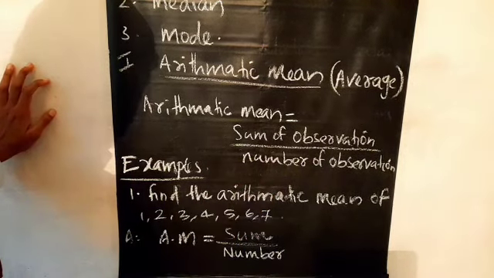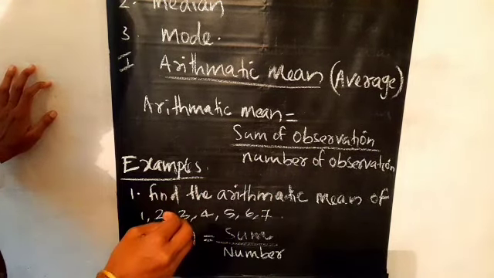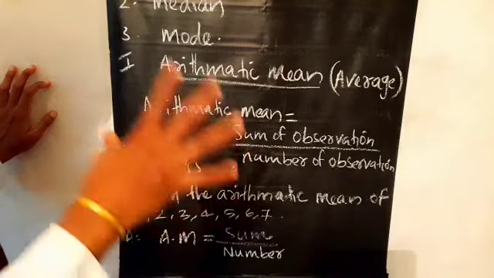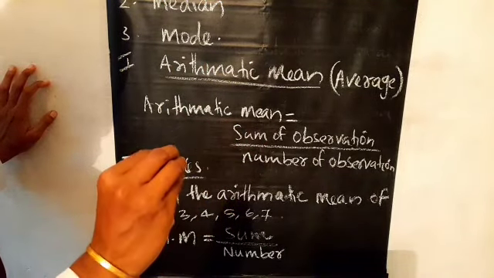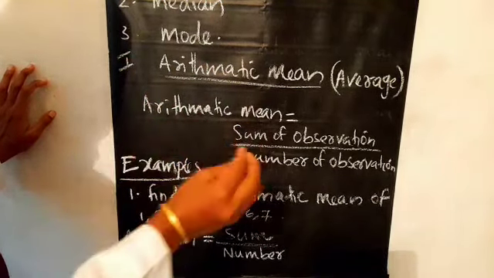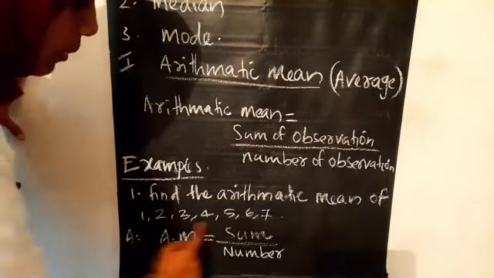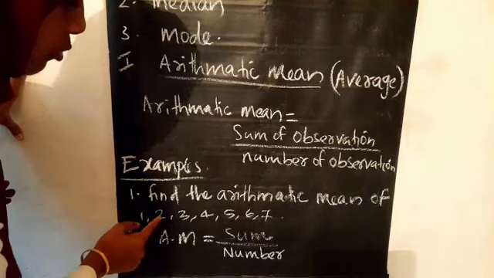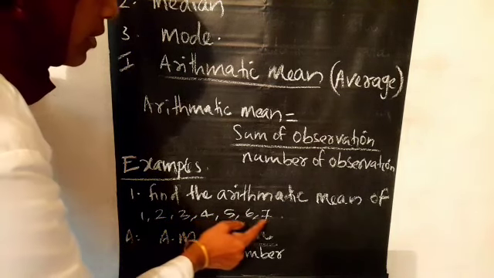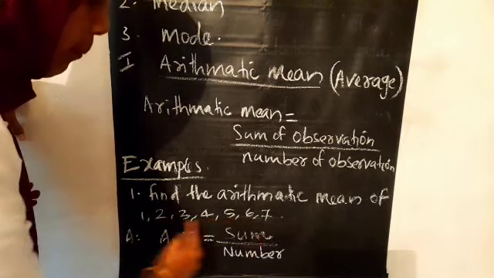It's very easy, students. To get the arithmetic mean, we sum up all the given numbers and divide the sum by the number of numbers. Here how many numbers are there? 1, 2, 3, 4, 5, 6, 7. We have 7 numbers.